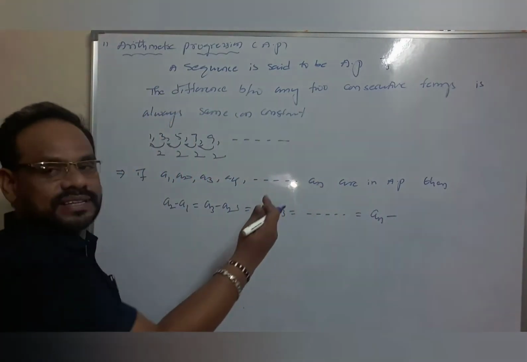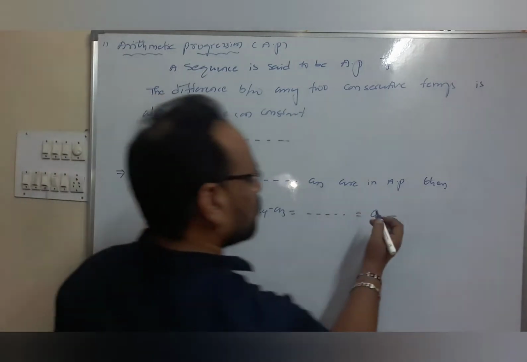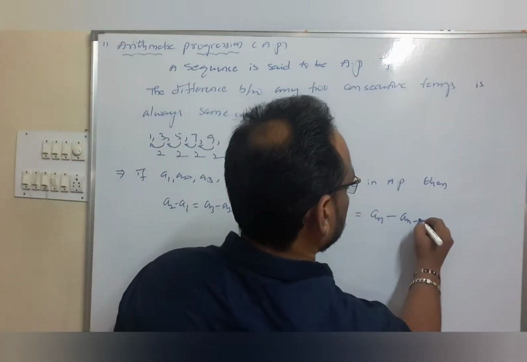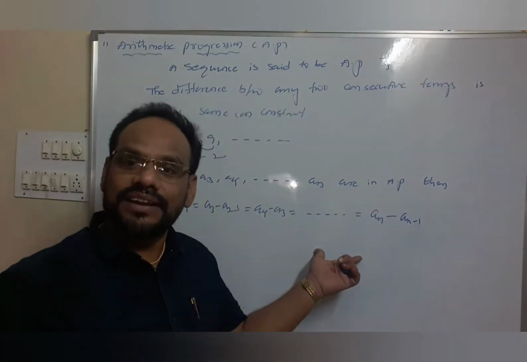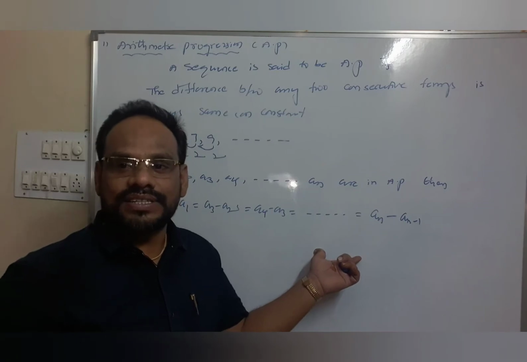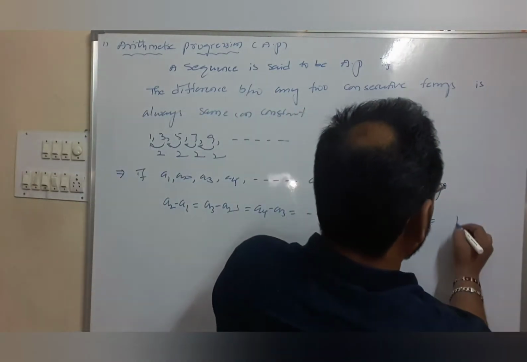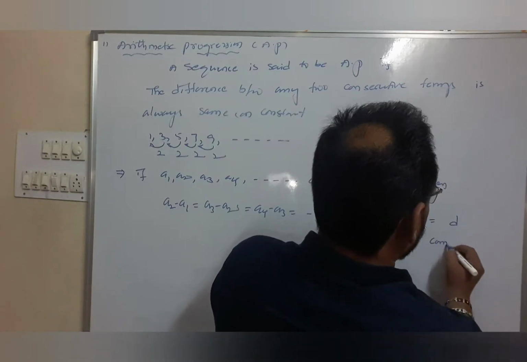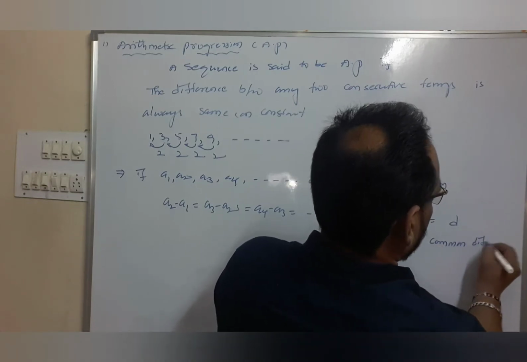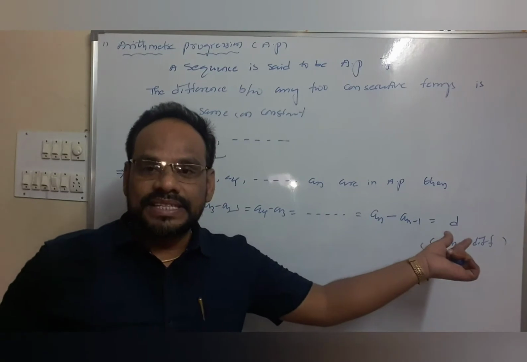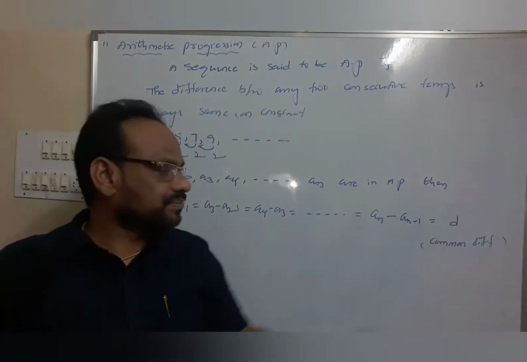AN minus AN minus 1 is the same and constant. That constant quantity is denoted by D, which means common difference.